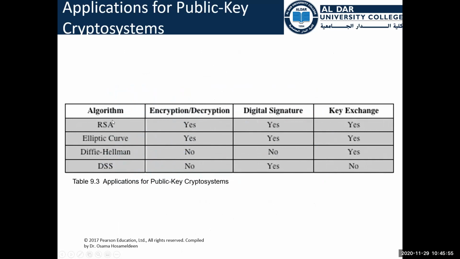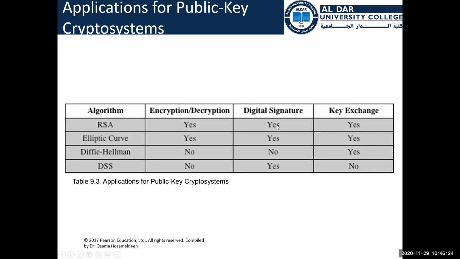Here we have these algorithms. We are going to study all of them. We're going to study RSA in today's lecture, and in the upcoming lecture we are going to study elliptic curve, Diffie-Hellman, and digital signature, DSS. RSA can be used in encryption and decryption.